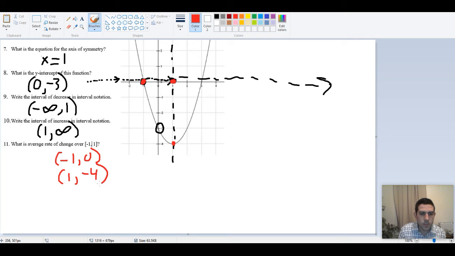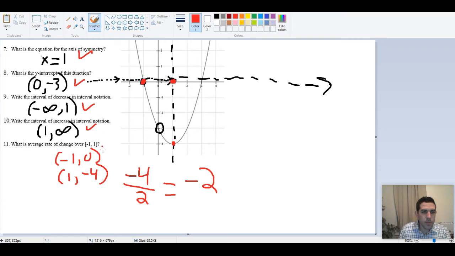I had to choose those 2 points to find my rate of change. What's the change in my y's? It went down 4, and the change in my x went over 2. So rise negative 4, run 2, that is a rate of change of negative 2. There's the average rate of change. This page, after I give you points for all these, was worth 14 points total, the best you could do on this front page.